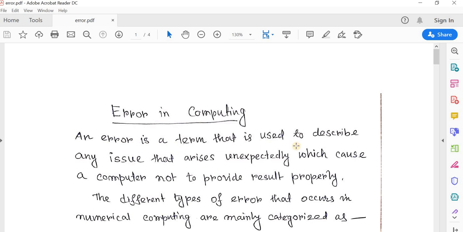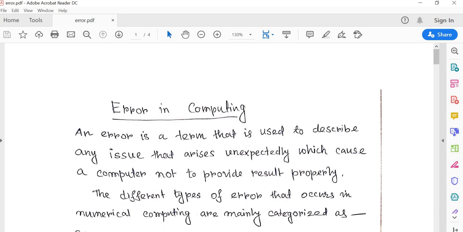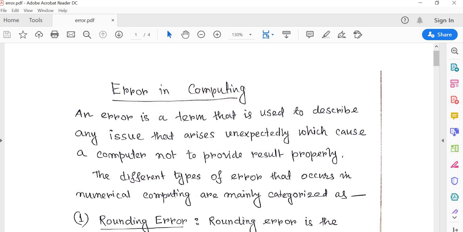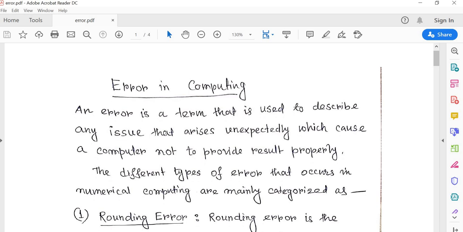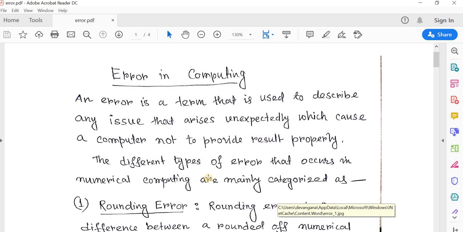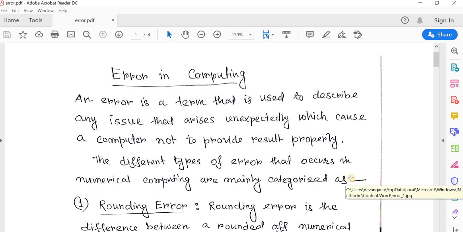An error is a term that is used to describe any issue that arises unexpectedly which causes a computer not to provide the result properly. So if an error occurs, the computer can't provide the result properly. The different types of error that occur in numerical methods are mainly these types.